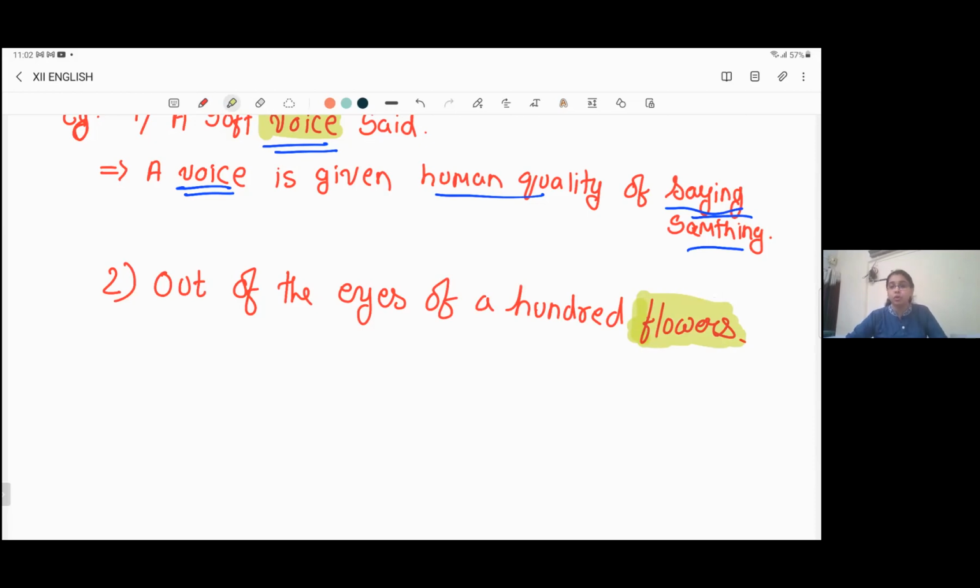We know that flowers don't have eyes. Yes, flowers and plants and trees are living things, but here the flowers are having eyes. It is given the human effect, right? You can write the explanation down.